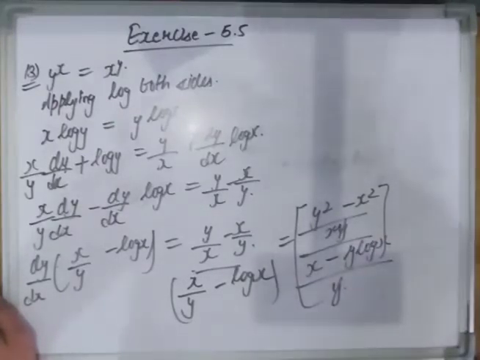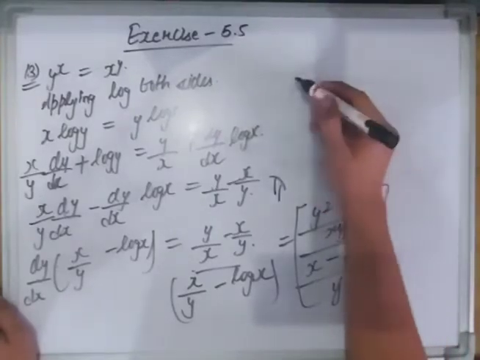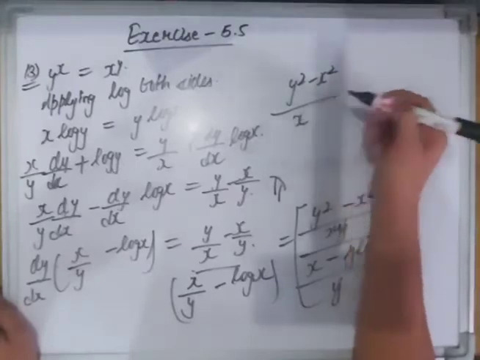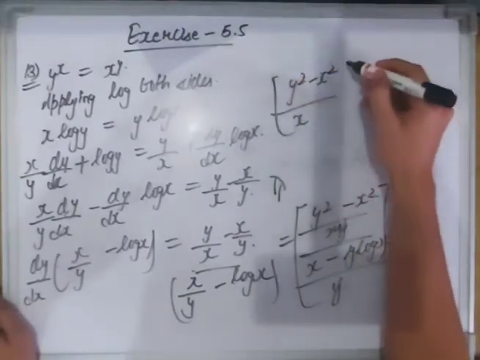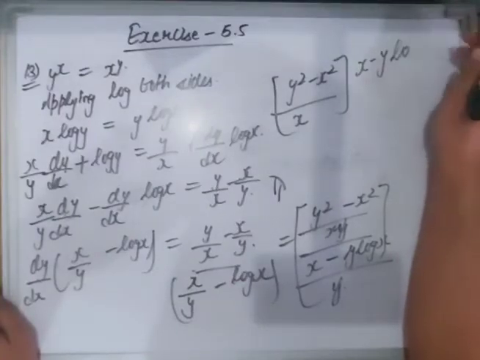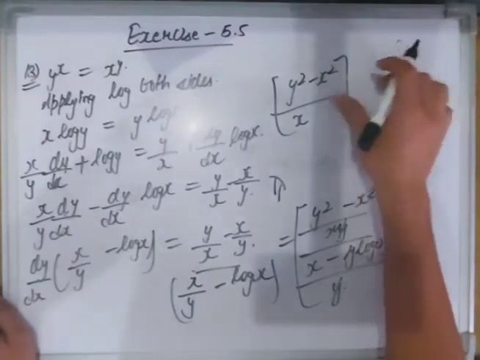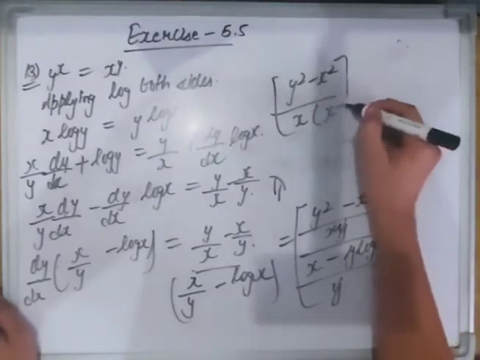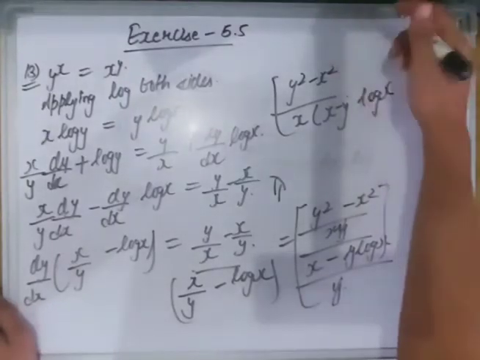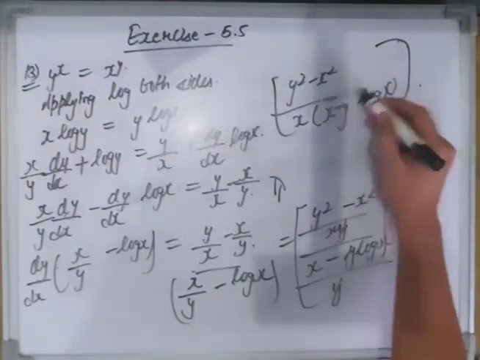So what you have left, I'm writing here because the space is quite less, is y square minus x square upon x into x minus y log x, with x minus y in the denominator. This is our answer.